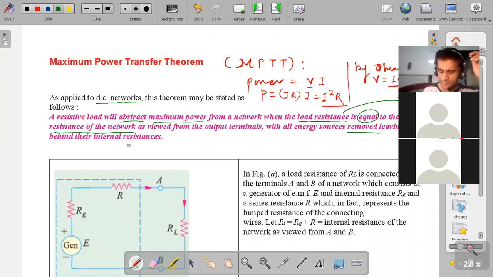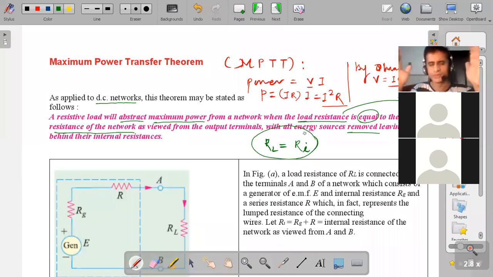See, RL is equal to internal resistance. This is the formula, dear student: if RL equals RI, that is, if external resistance is equal to internal resistance.